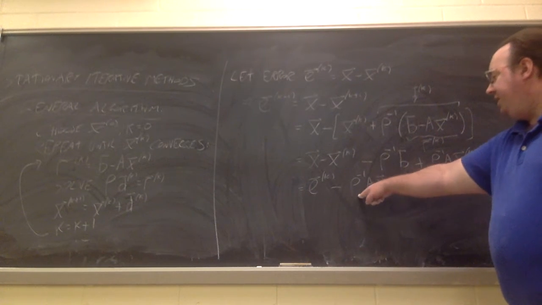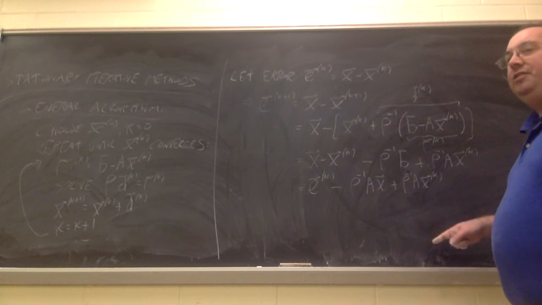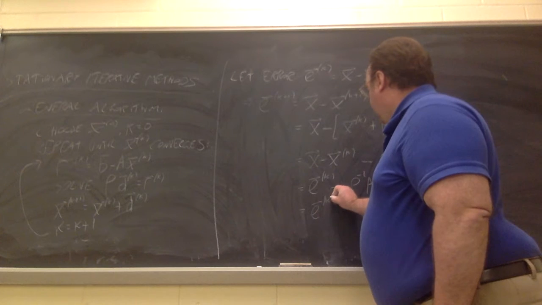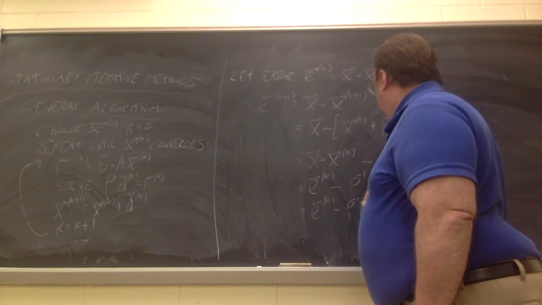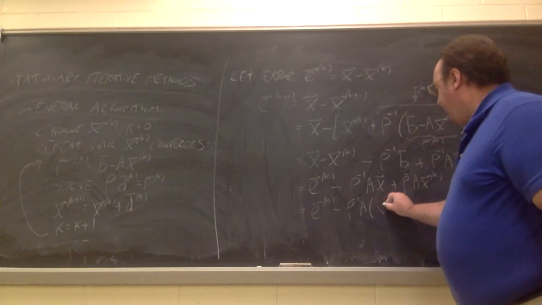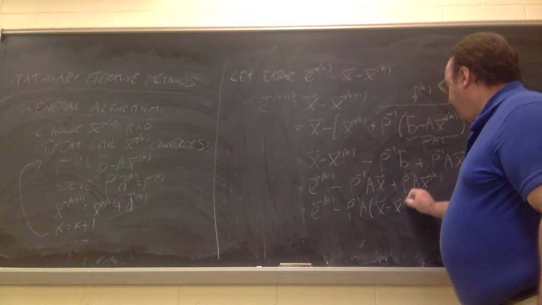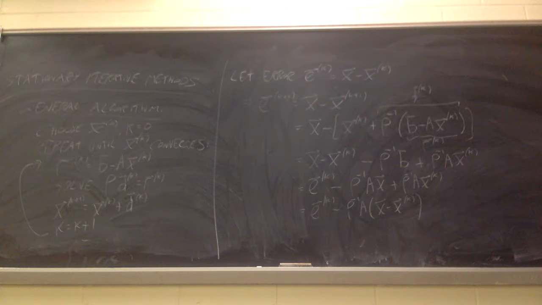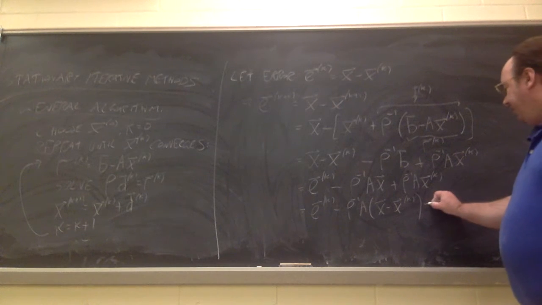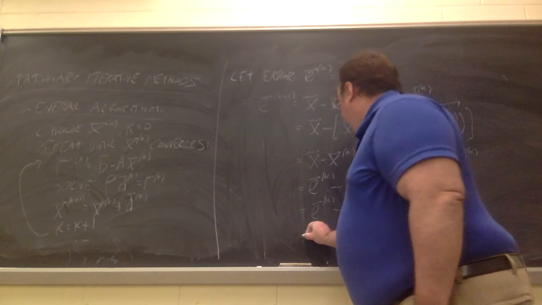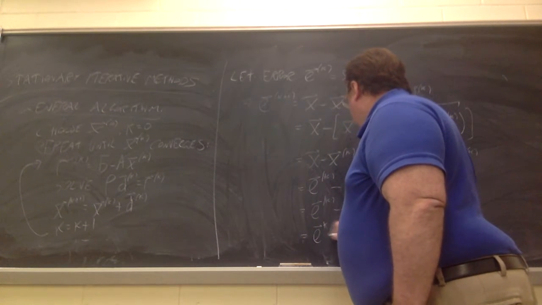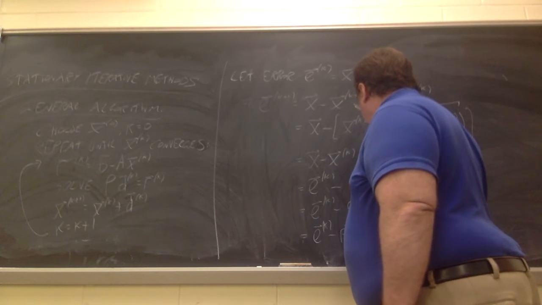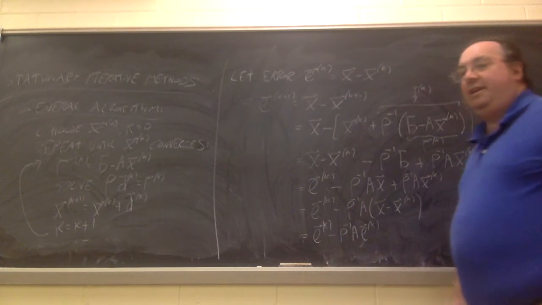But now I have P inverse A common to both terms, so I'll factor it out. Minus P inverse A times x minus xk, which is ek again. Well, that's nice. So I get ek minus P inverse A ek.